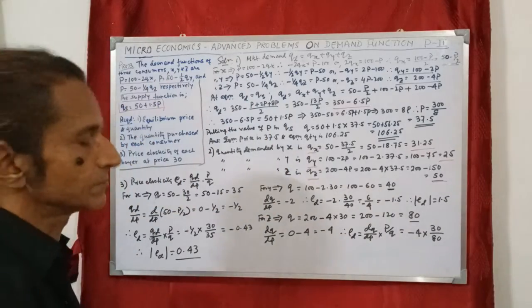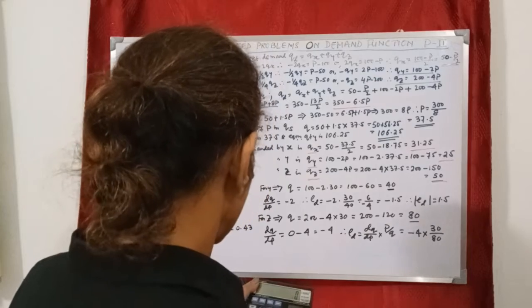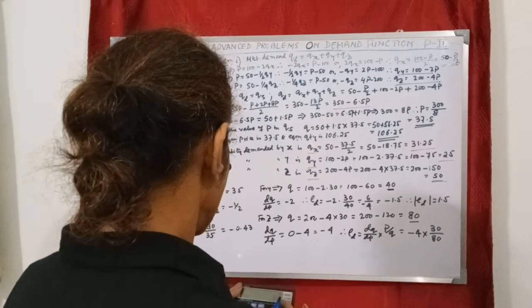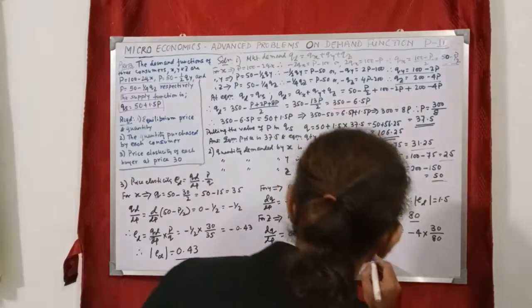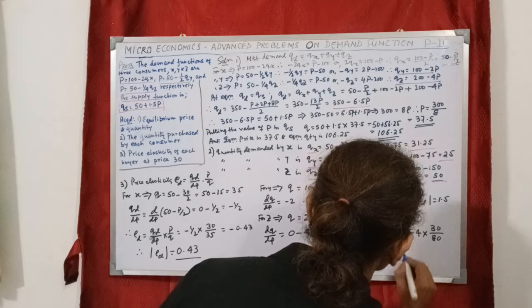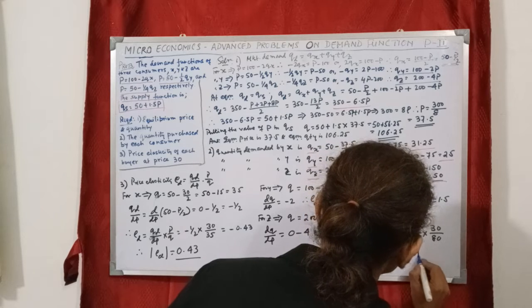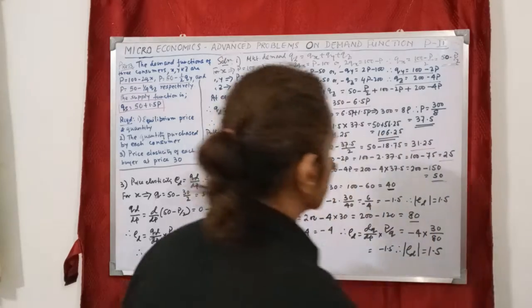So it comes to minus 1.5. Therefore, ED equals 1.5. Again, we ignore the negative sign.